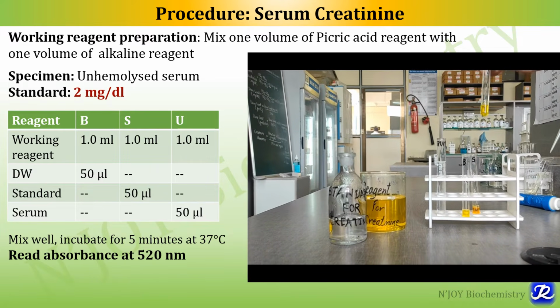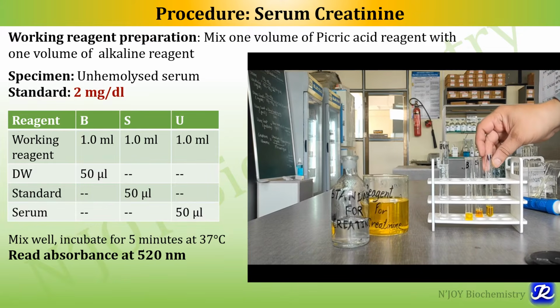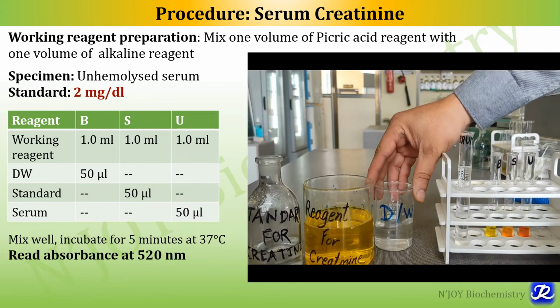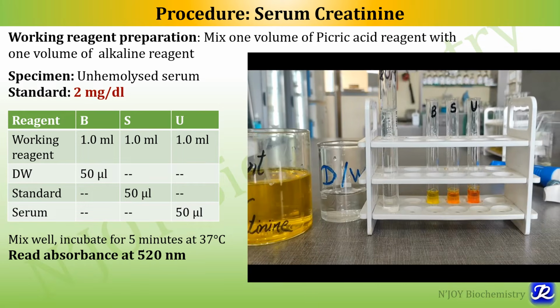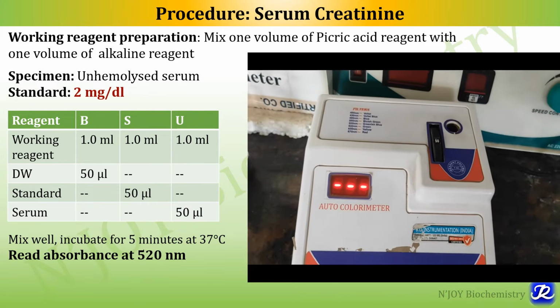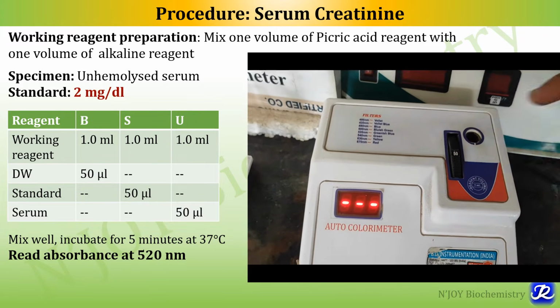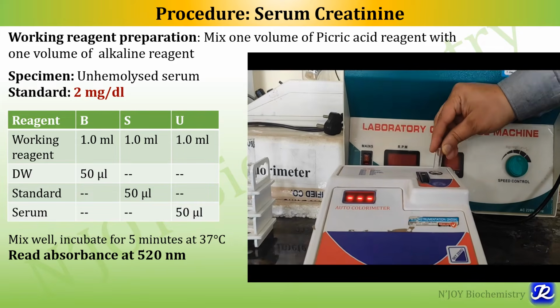Mix it well. And then we have to add 50 microliter of distilled water in the blank. So now we have 3 test tubes: blank, standard and unknown. Now incubate for 5 minutes at 37 degrees centigrade, and then we have to read the absorbance at 520 nanometer.